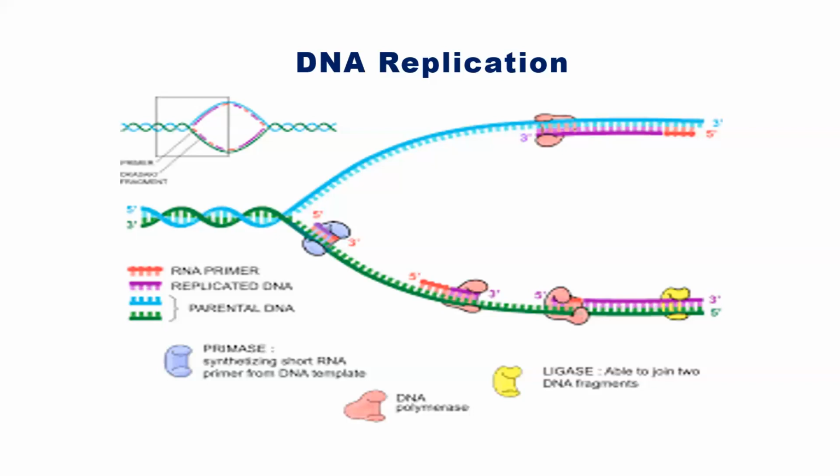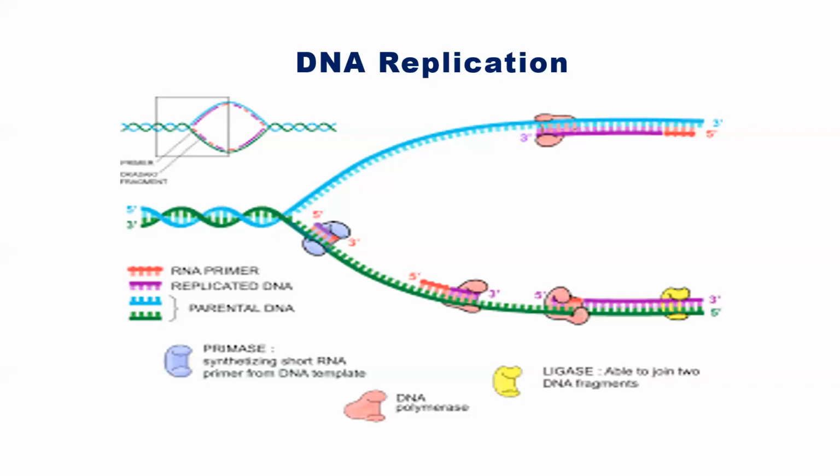Taking into consideration the enormous size of the human genome, that is 6 × 10⁹ base pairs spanning 23 pairs of chromosomes, accurate replication is not a very easy task. To overcome the problem and to achieve fidelity, the process of replication is endowed with proofreading activity. This is very important.